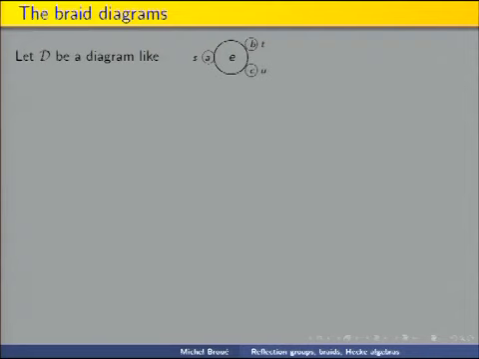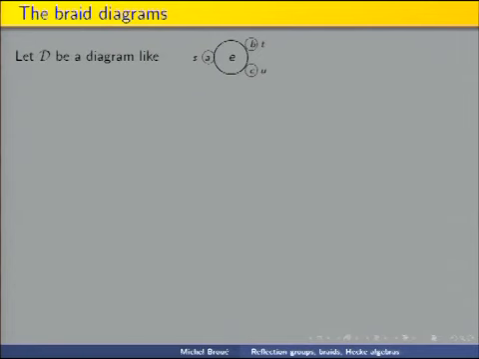We have three nodes, S, T, U. The little circles are nodes, and the number inside means a relation. It means actually S to the A is 1, T to the B is 1, U to the C is 1. And now the E stands for the multiplicity of the big circle, and the big circle is a relation. Pretty much as, of course, in the case of Coxeter groups, you are quite used to considering diagrams of that type.